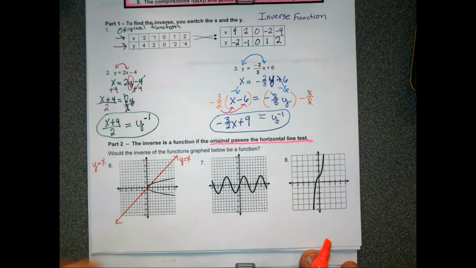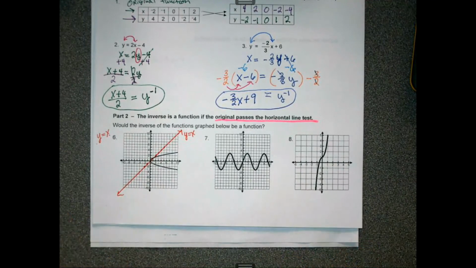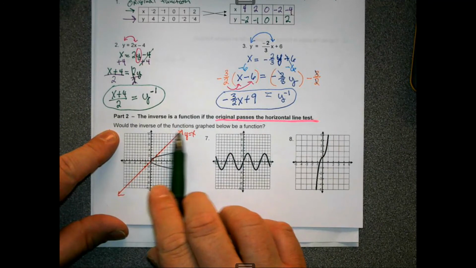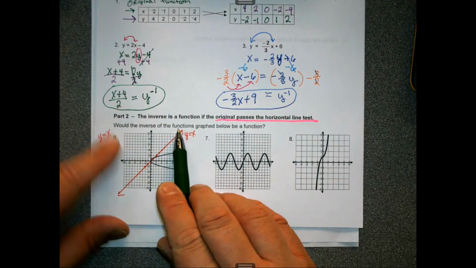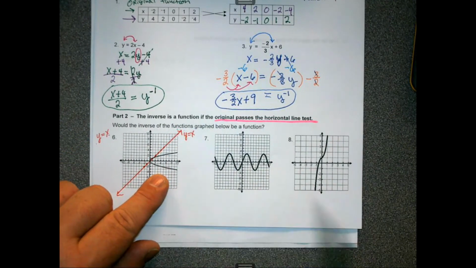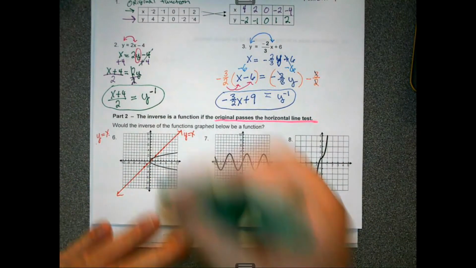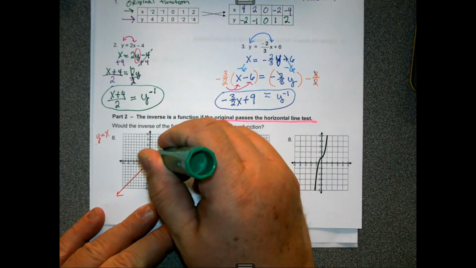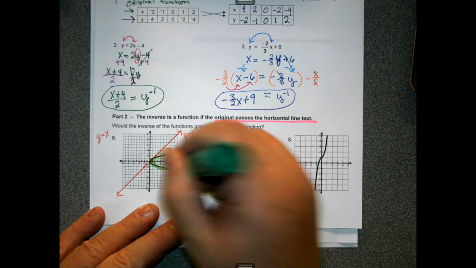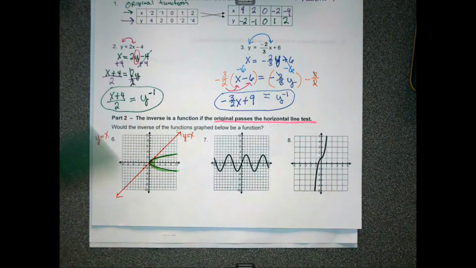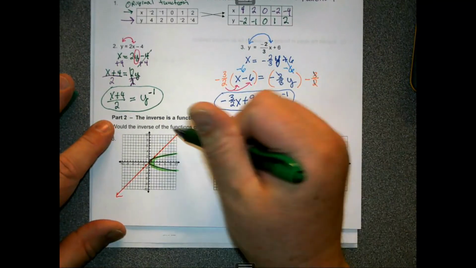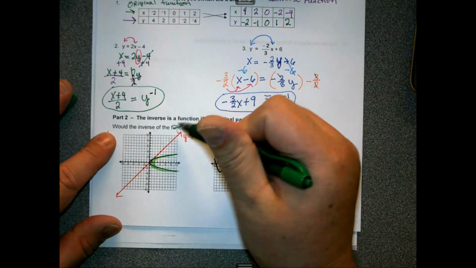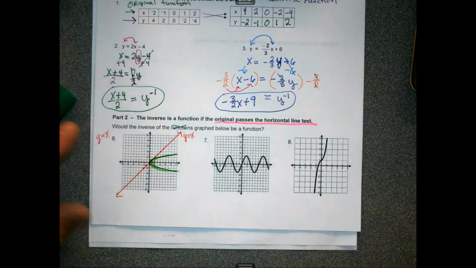The wording with the inverse of the function's graph is wrong, because this is not a function. This graph is not a function, is it? It fails the vertical line test. So that's kind of a typo here. We should say of the graphs below. These are just graphs because we haven't determined if they're functions or not.